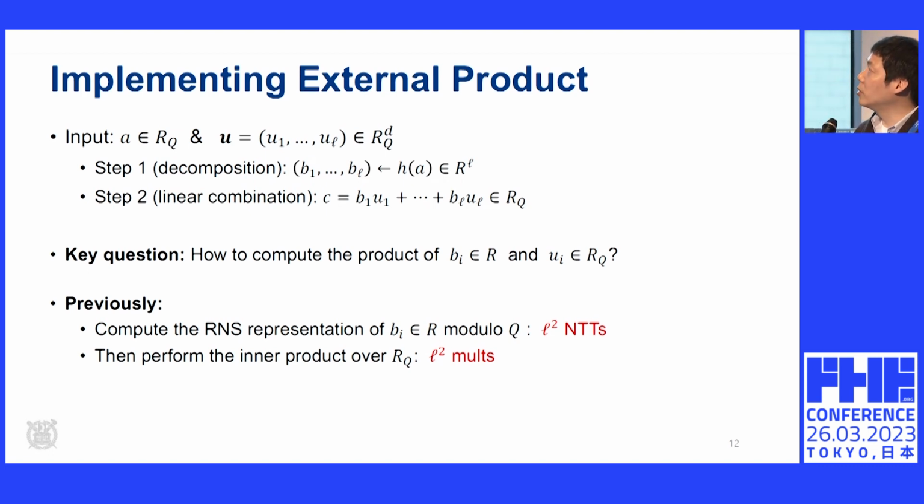And then perform the linear product over Q. This is relatively cheaper because the NTT complexity is n log n, but the multiplication complexity is just big O of n. That's why the key switching part is dominated by these NTT operations, and that's why a lot of research on hardware acceleration is focusing on the implementation of NTT to reduce this complexity.